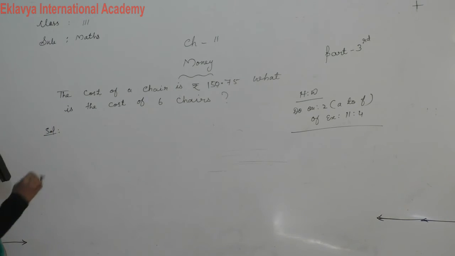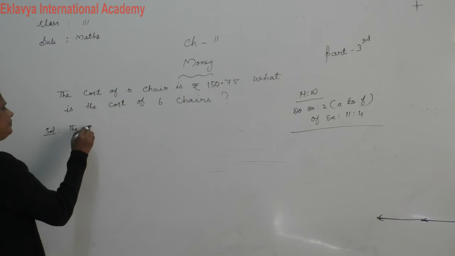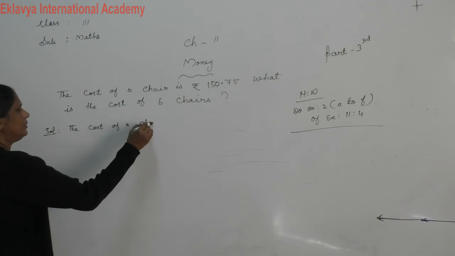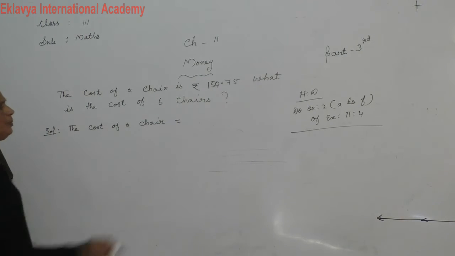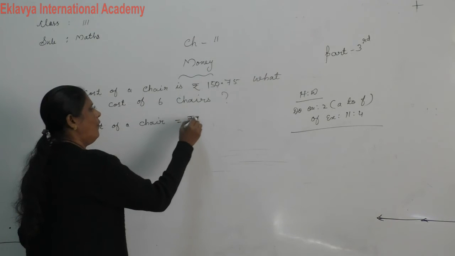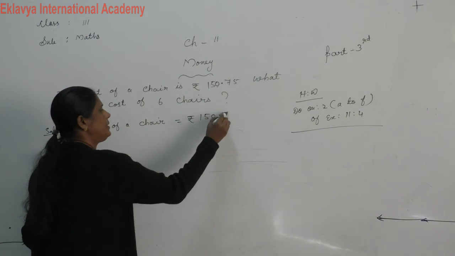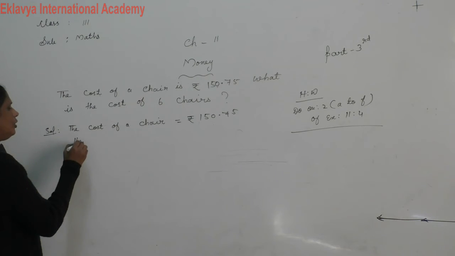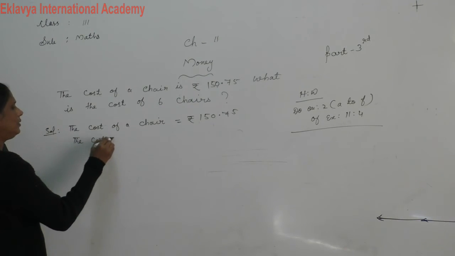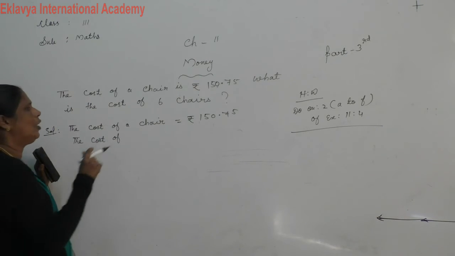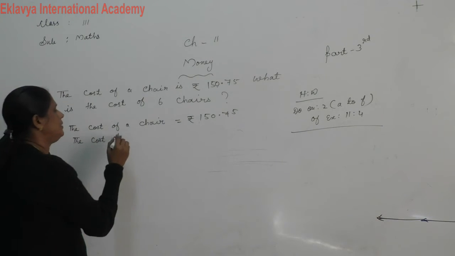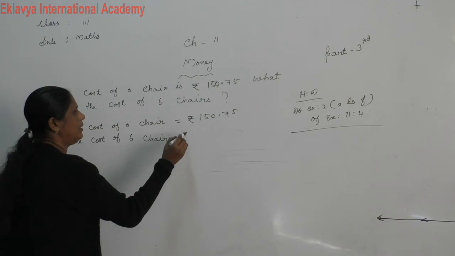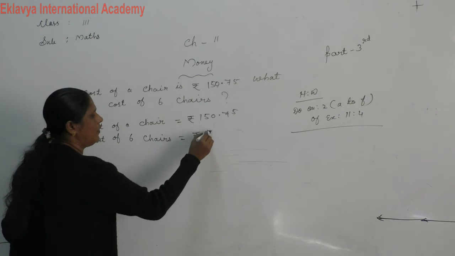First our solution. The cost of a chair is rupees 150.75. Second line, the cost of how many chairs we purchase? 6.